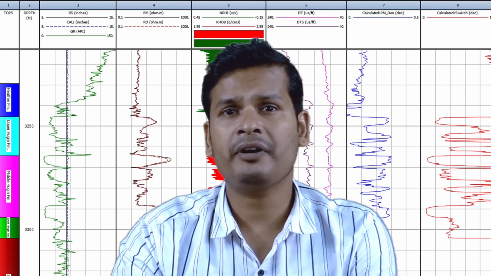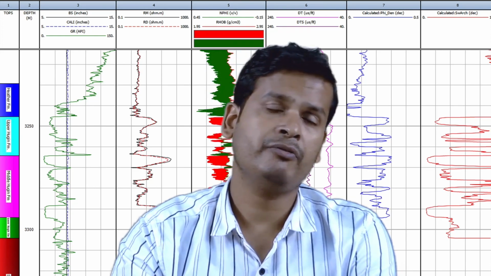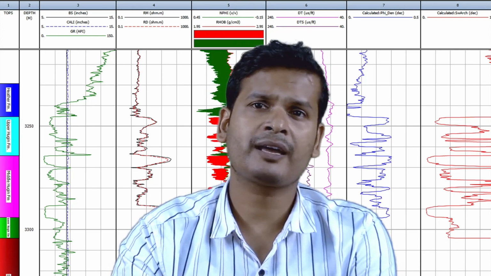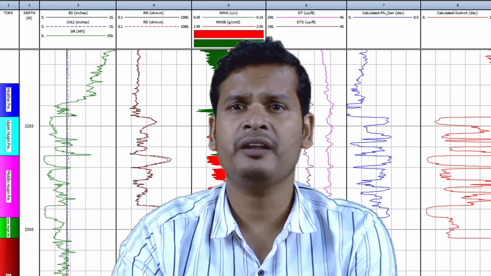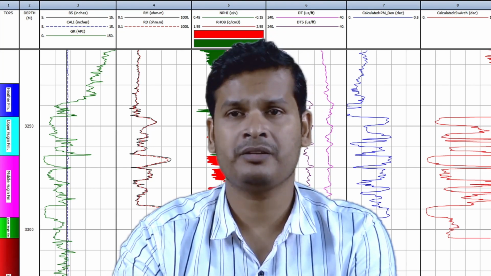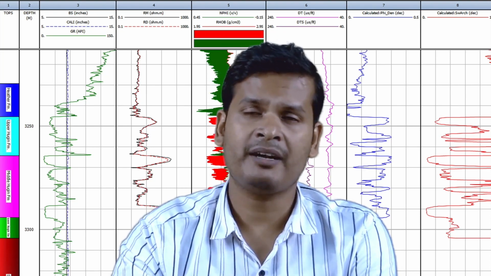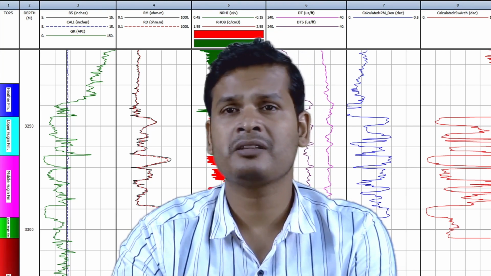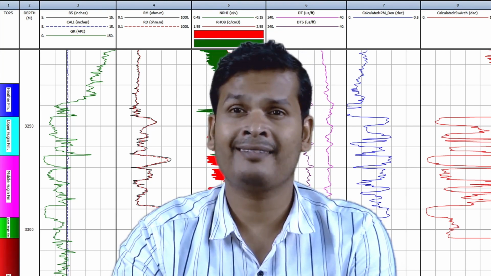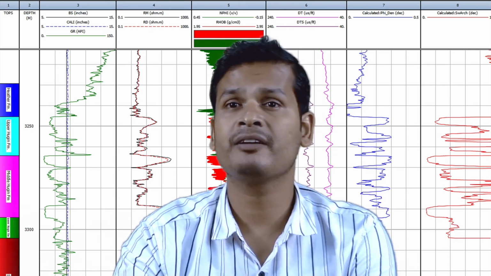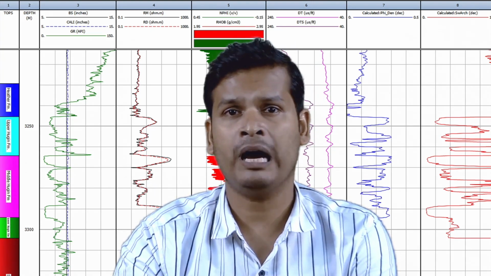So we have covered a number of well logs. We have tried to include all the conventional well logs which are run in routine well logging operations. For example, we started with the mud log. We discussed how mud log, cuttings analysis and core analysis can give us very useful information about our formation.